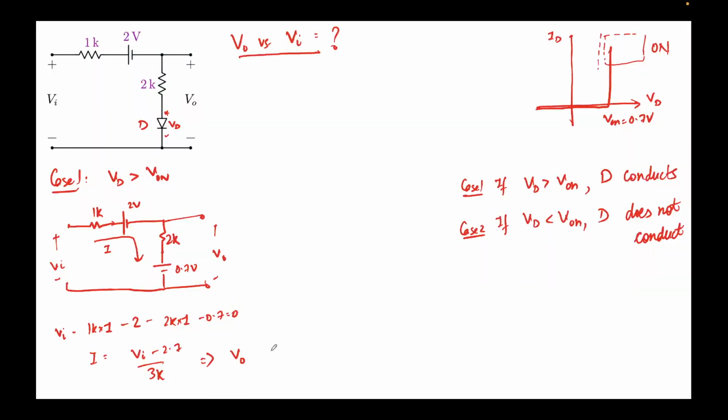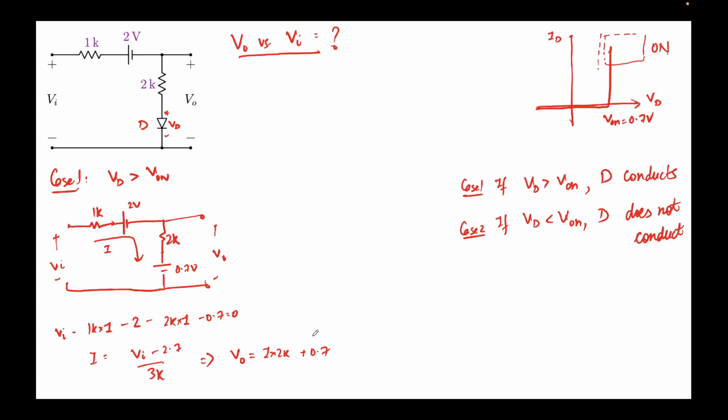Now from this we can obtain V out, which is nothing but the voltage drop that you see over here, or you can calculate from here also. But I'm going to do it from here. So V out will be I times 2k plus 0.7, that is the voltage drop on this leg.